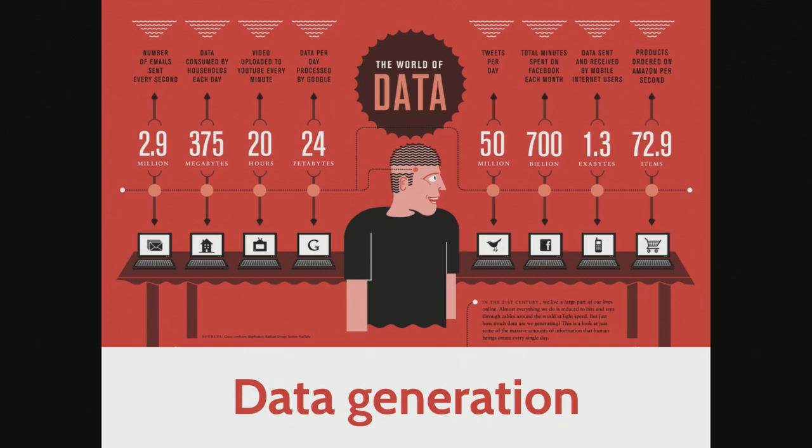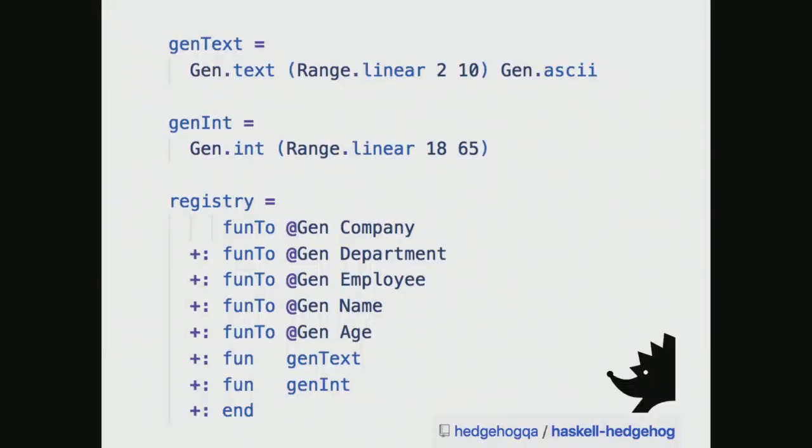So Hedgehog is like a variation on QuickCheck, where the people who created the library decided to get rid of the Arbitrary type class. And the reason why they decided to get rid of the Arbitrary type class was that with type class resolution, you have one instance per type class. So I have one Arbitrary Company.